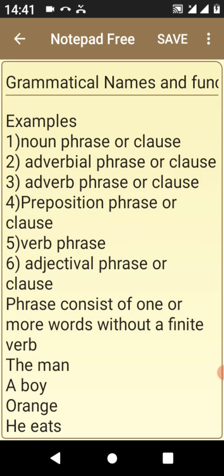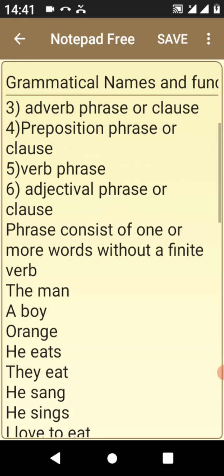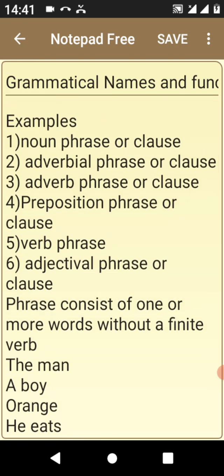Even the ed form, like eaten, is not a finite verb. And the ing form, the gerund, is not a finite verb. So wherever you see a word starting with ing, a gerund, you know that it's a noun phrase or a noun clause.